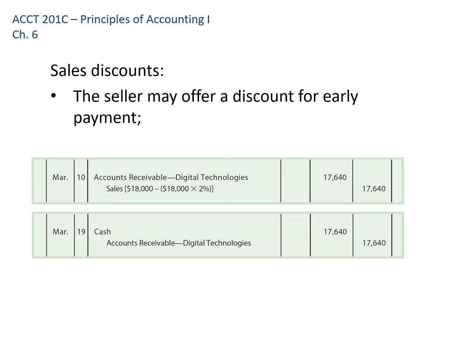In that case, we would record the sale as the net of what we expect to actually receive. So we assume that customers are going to take the discounts we offer them. So in that case, we record the sale at $17,640, which is $18,000 minus 2%. When we receive the cash later, we debit cash and credit accounts receivable. Pretty simple.